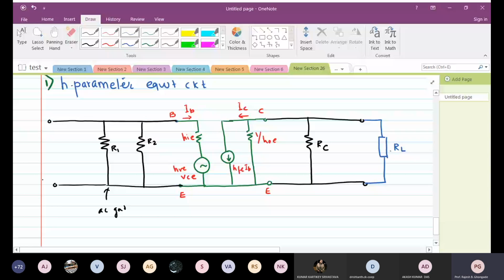Here I have the output voltage, which is to be developed across the load. This is actually where your current flows, IC.